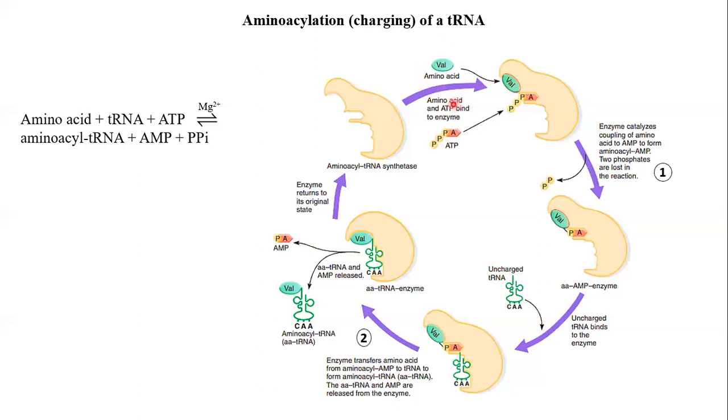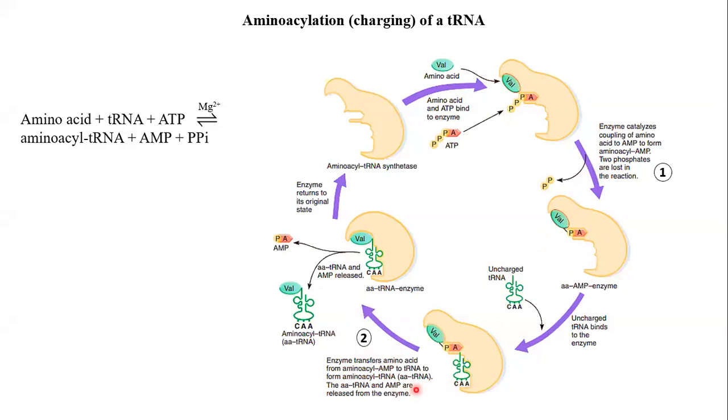Here they have taken valine, and then ATP binds, and the first reaction takes place where this amino acid gets attached to this ATP, but in the reaction 2 phosphates get released in the form of pyrophosphate and it forms amino acyl AMP. It's the first reaction. So what is the product? Amino acyl AMP. Then transfer RNA binds to its respective binding site and then the second reaction takes place.